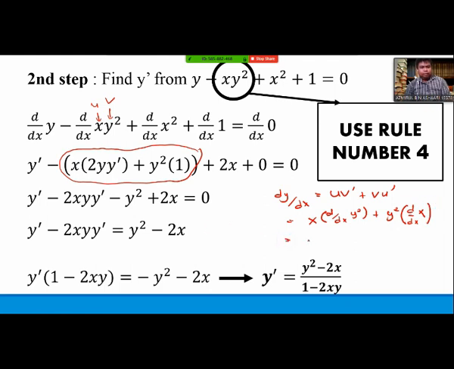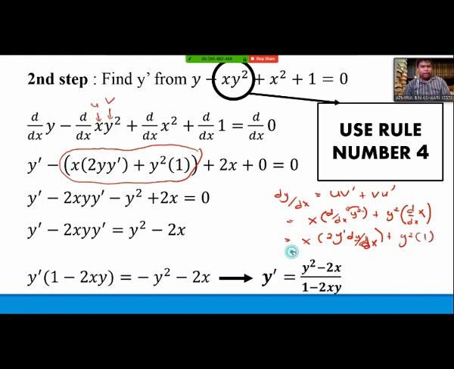And of course, you get the 2 moved to the front, you get 2y, power 2 minus 1 which is power of 1, and then you copy again dy per dx, plus y squared, differentiate for x becomes 1.